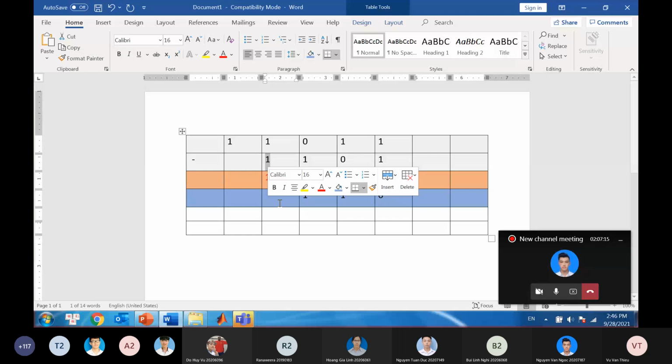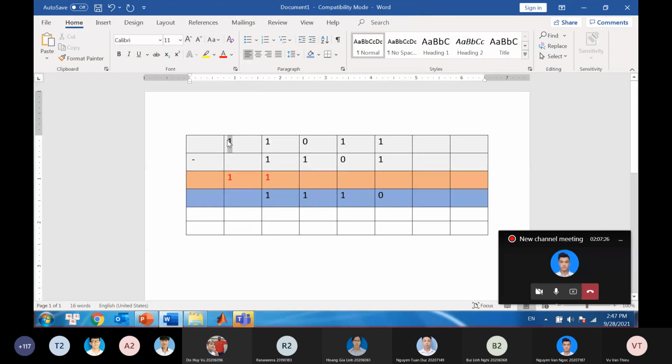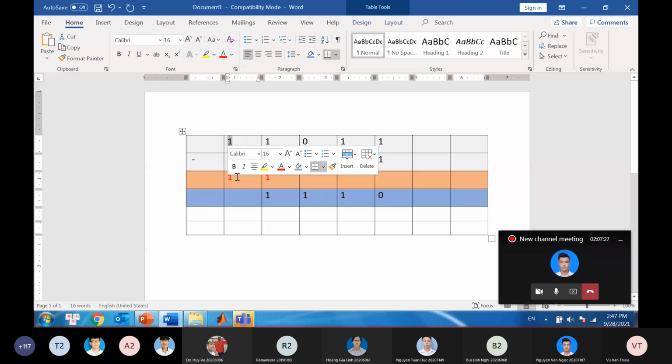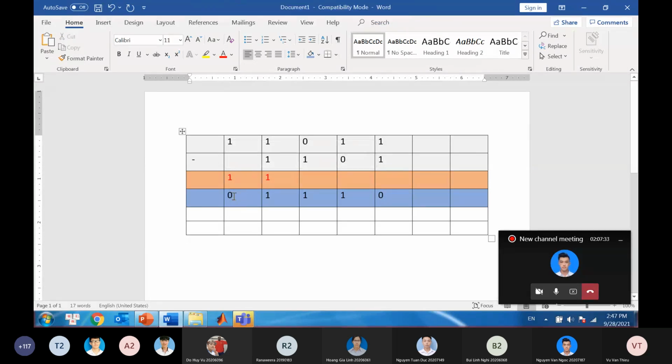And 0 minus 1 equal to 1, and we need to borrow 1 here, right? 1 minus 1 here equal to 0 here. So here is the result. Understand?